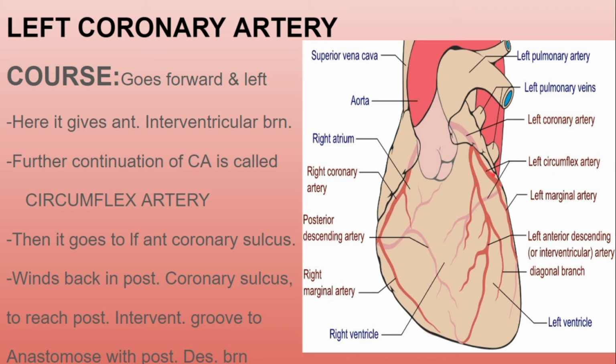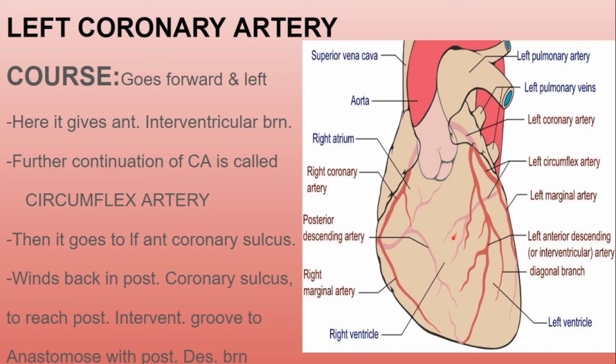Okay, now simply we can say that the left coronary artery, while going down, will give one branch known as the left anterior descending artery or the anterior interventricular artery, and the remaining part of this is known as the left circumflex artery. The left circumflex artery will wind around to the back side, that means it goes to the diaphragmatic part of the heart from the left border of the heart and continues in the left posterior coronary sulcus.